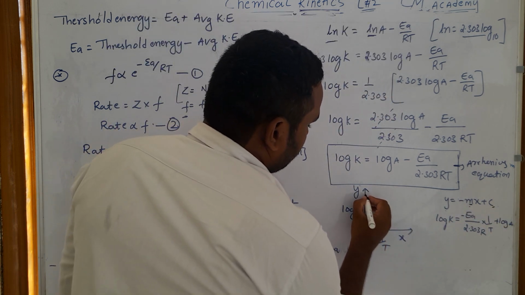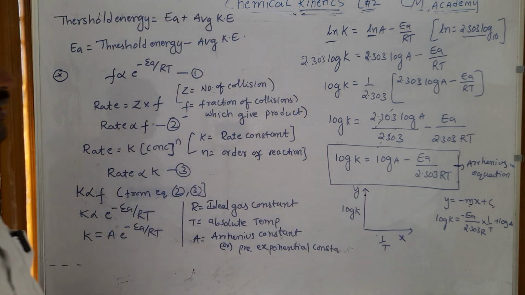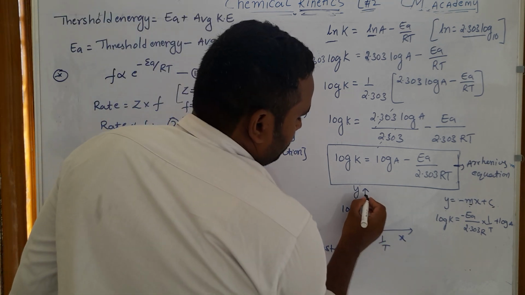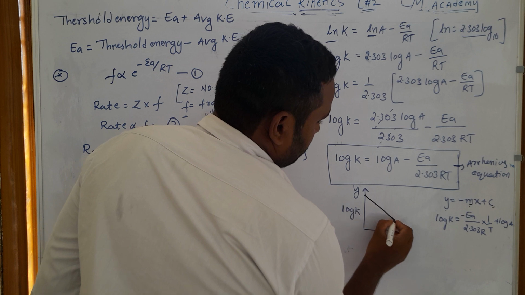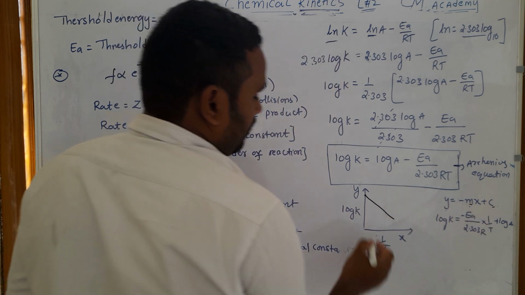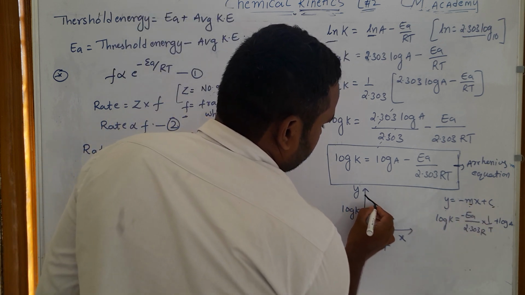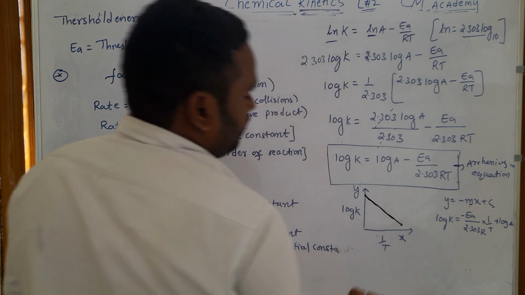It is the intercept on the y-axis. Here we have a negative sign, that's why we are getting a negative slope. The slope decreases gradually like this.